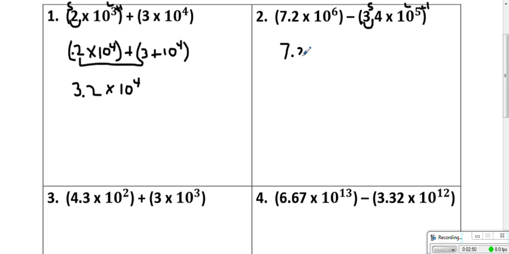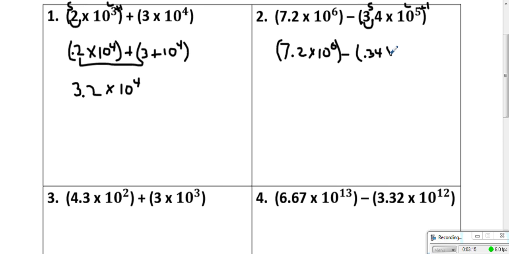So this is 7.2 times 10 to the sixth, and nothing changes with that. Just copy it down. That's 10 to the sixth, by the way. And I put parentheses around it. And now instead of 3.4, it's 0.34.